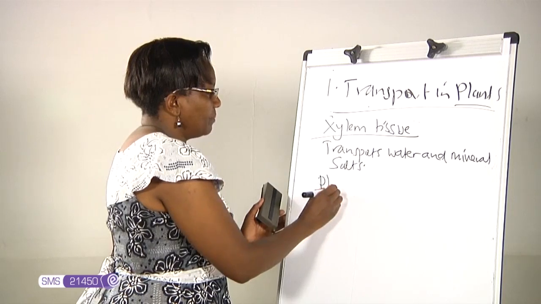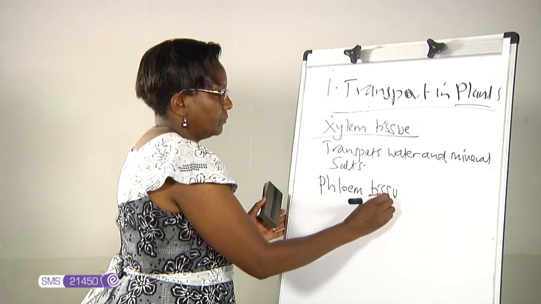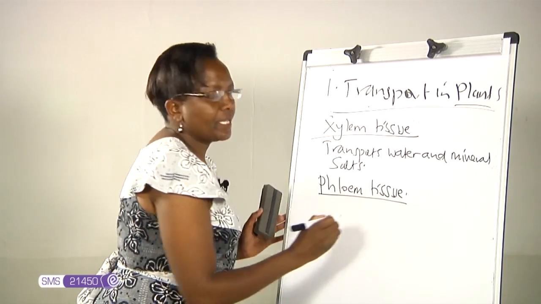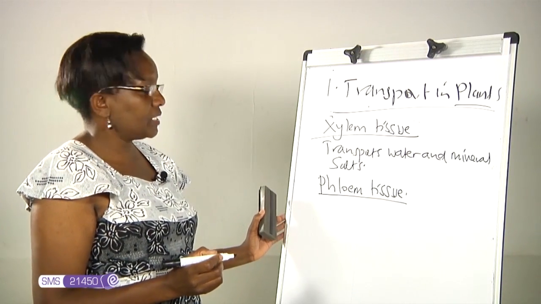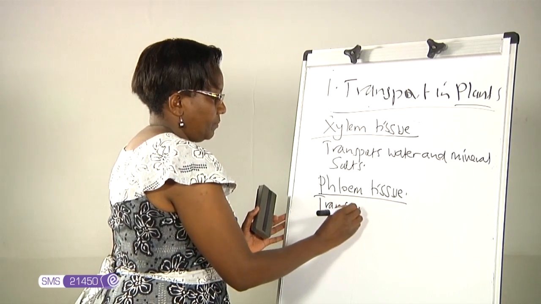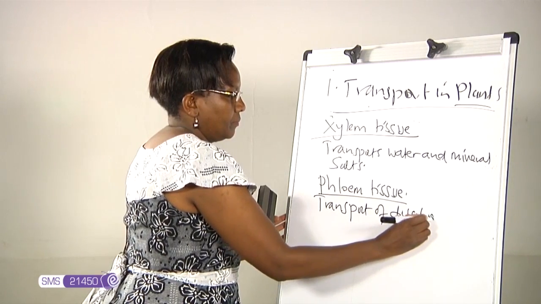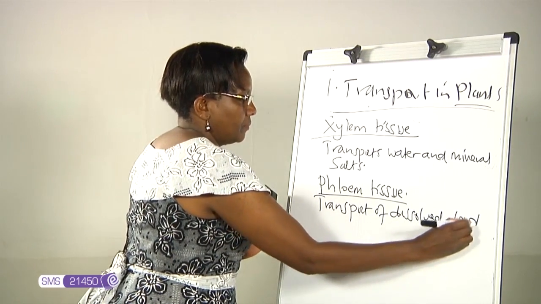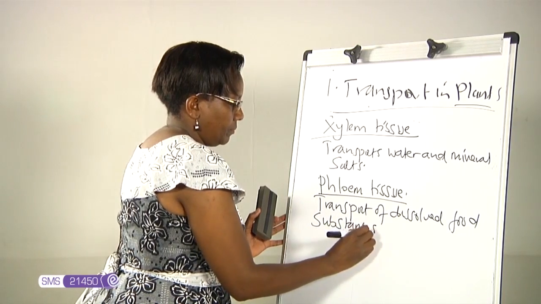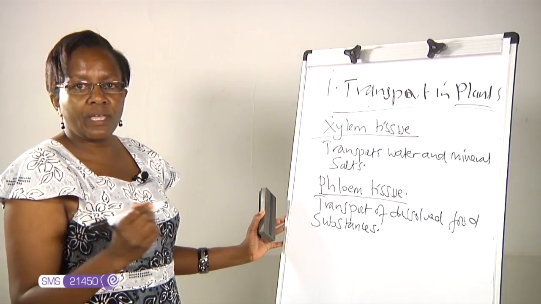Then we have the phloem tissue. Now the phloem tissue is involved in transport of dissolved food substances. Remember we said transport means movement from one place to the other.